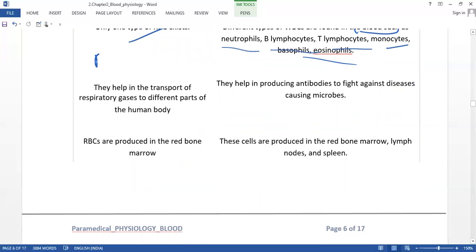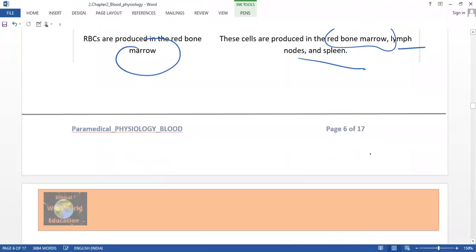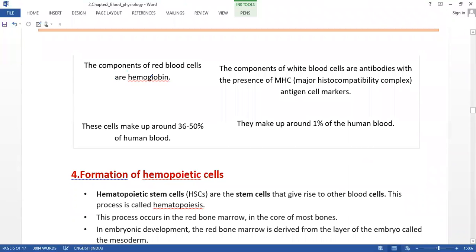RBC help in the transportation of respiratory gases to different parts of the human body, but WBC help in producing antibodies used to fight against disease-causing microbes. RBC are produced in the red bone marrow, and WBC are also produced in the red bone marrow, as well as the lymph node and the spleen.